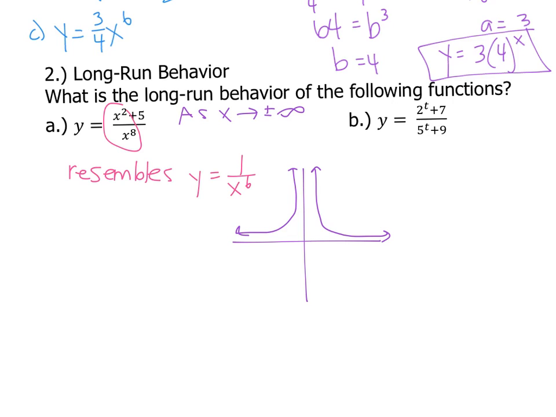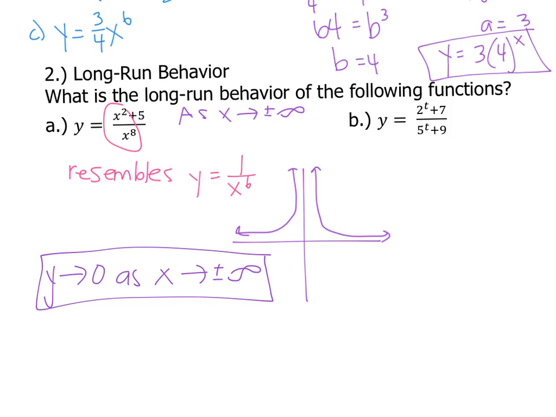These might be the same, it might be different. So here, as x approaches positive infinity, our function gets close to 0. As x approaches negative infinity, it does the same thing. So what we can say is that y approaches 0 as x approaches both positive and negative infinity. You can write that all kind of together in one statement.